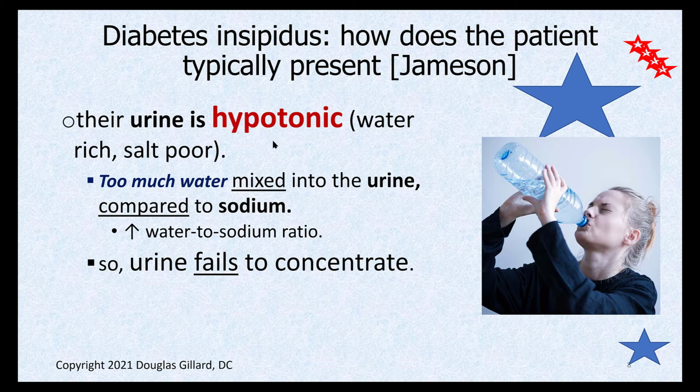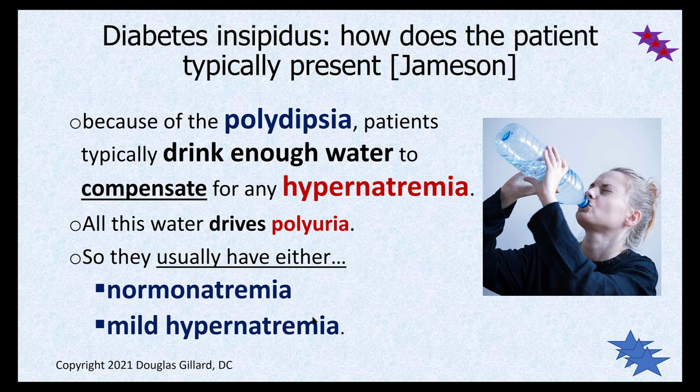Hypotonic means there's too much water in it, too much water, not enough sodium. And we said that these patients present with polydipsia. Patients typically are able to drink enough water to compensate for the hypernatremia. We'll look at what happens when they don't. So all of this water that they drink kind of drives or helps drive the amount of polyuria.